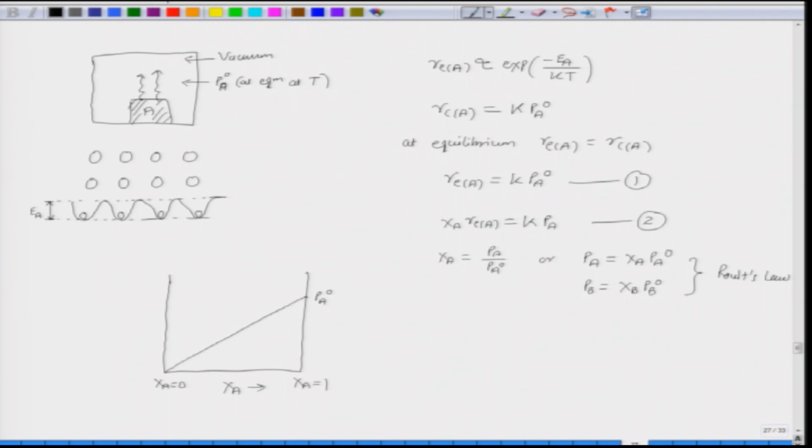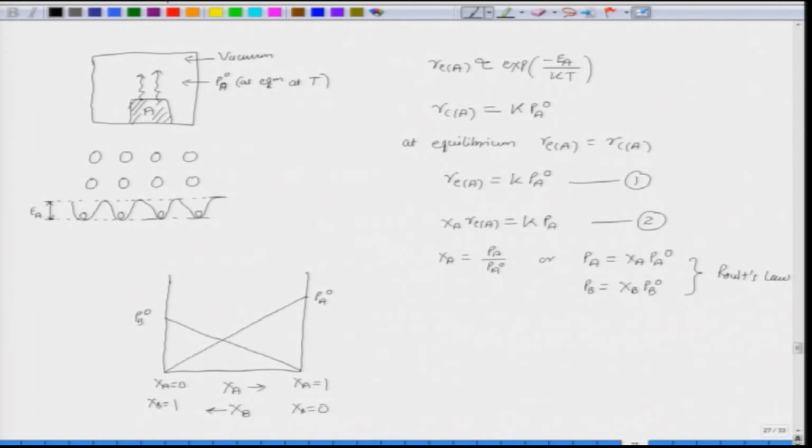Similarly, if we plot Pb as a function of Xb, Xb will be in the opposite direction. So this axis is Xb equal to 1, Pb will be equal to Pb 0, and at Xb equal to 0, Pb will be 0. When the solution follows Raoult's law, we say it is an ideal solution, right.